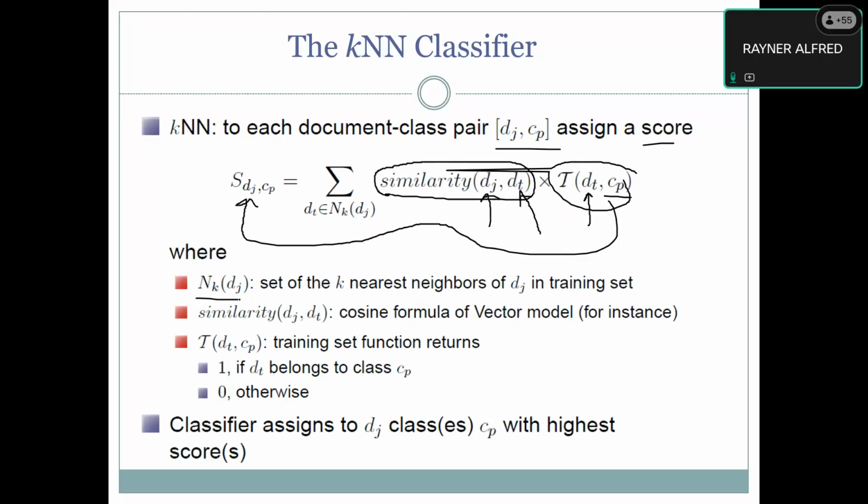This refers to the set of K nearest neighbors of that particular document. We use the cosine formula to compute the distance, and we assign the class label to the document depending on the majority of the class labels from the nearest neighbors that we have.